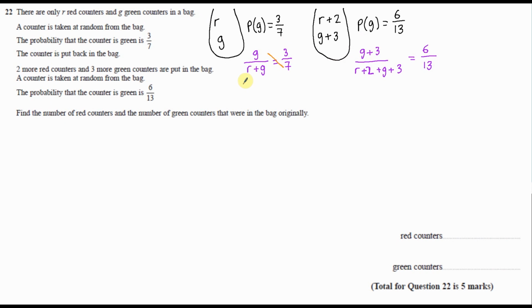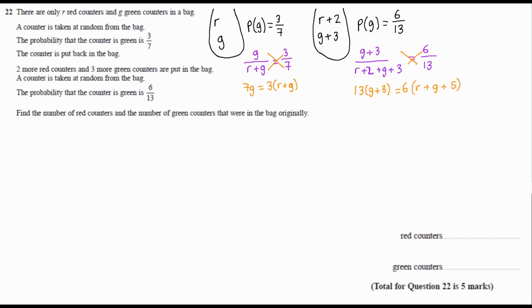So if we multiply that way, 7 times G is 7G, 3 times R plus G, don't forget to include the brackets here, and the same can be done here, so 13G plus 3 equals 6 times this, which can be simplified into R plus G plus 5.